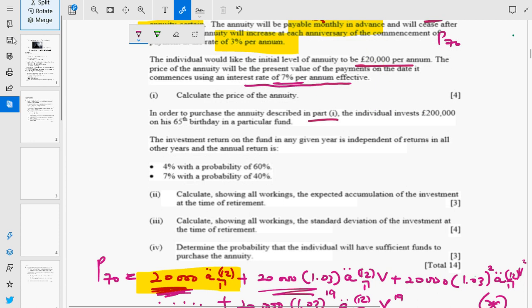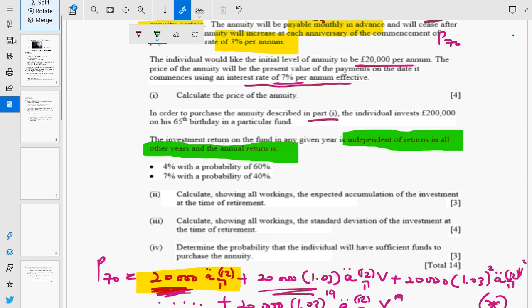The investment's return on the fund in any given year, and that is extremely important, is independent of returns in all other years, and annual returns are given by the following discrete probability distribution. So we have 4% with 60% probability, 7% with a 40% probability.